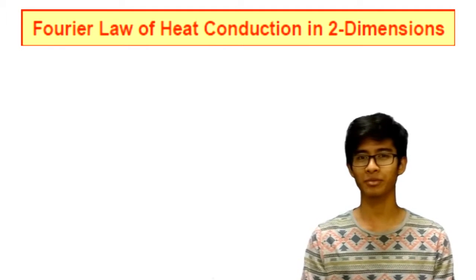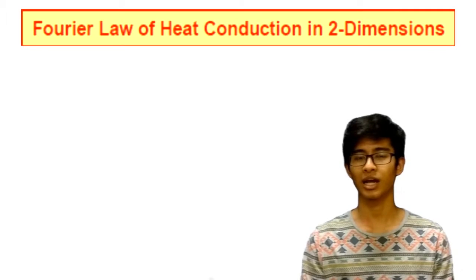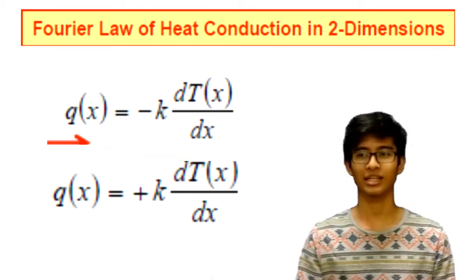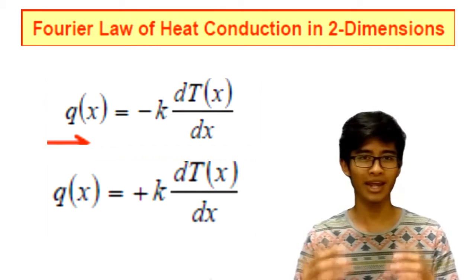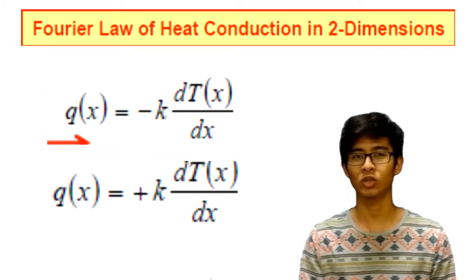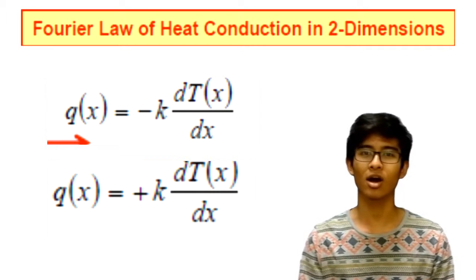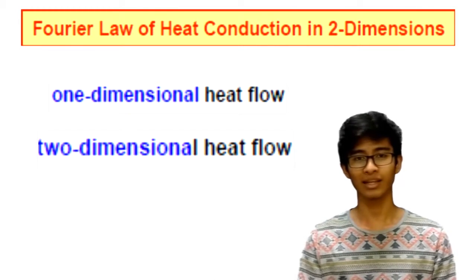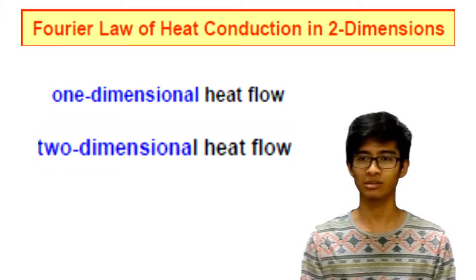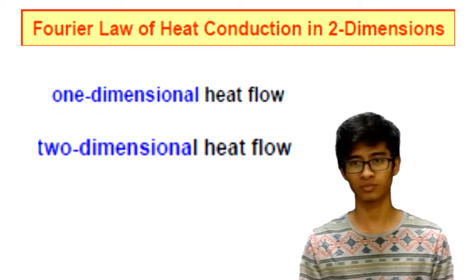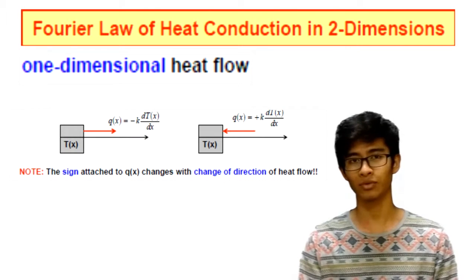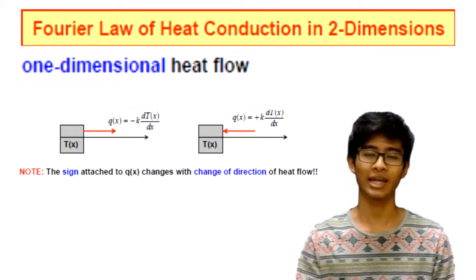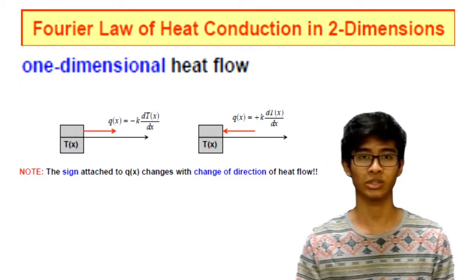Next, I will explain the sign of the heat flux formula. As you know, the heat flux formula is q(s) equal to negative K dT(s) over dx. So we have to determine the sign of the heat flux formula. The heat can flow either in one dimension or in two dimensions. For one-dimensional heat flow, the heat will flow in only one direction, either the x direction or the y direction.